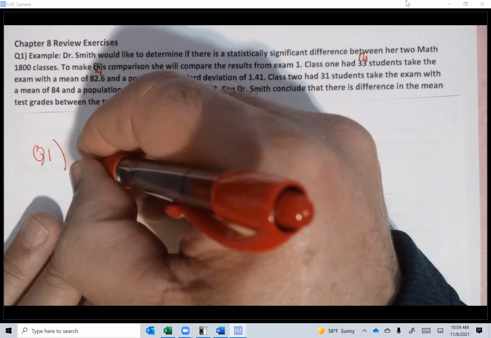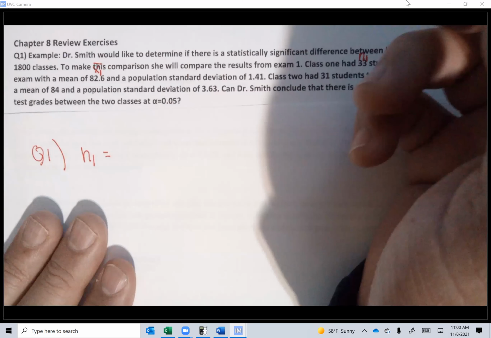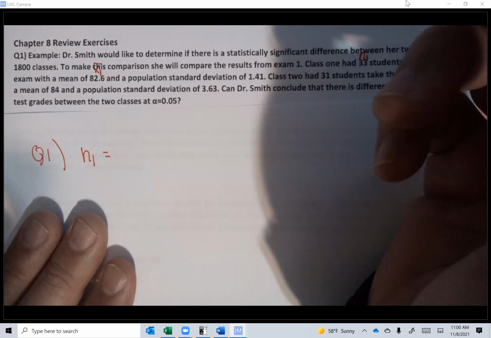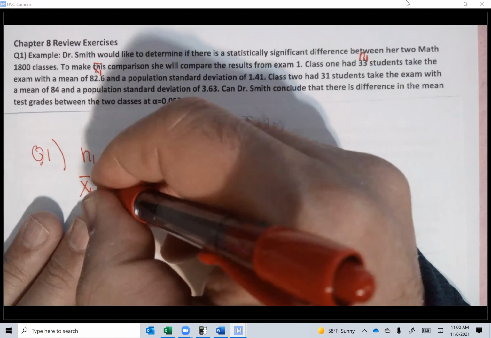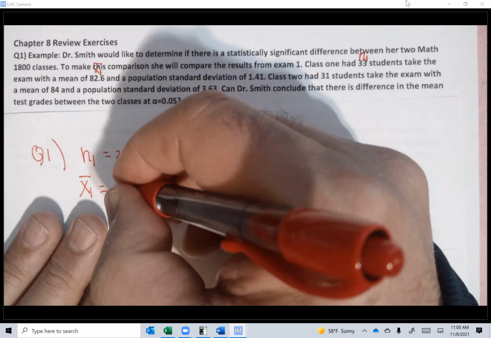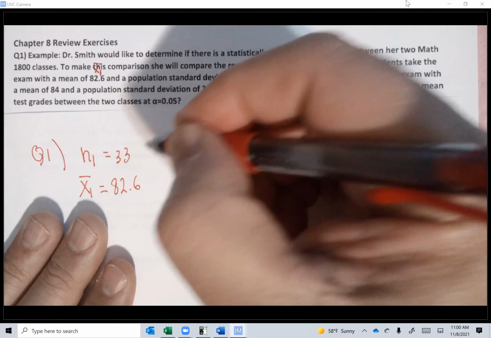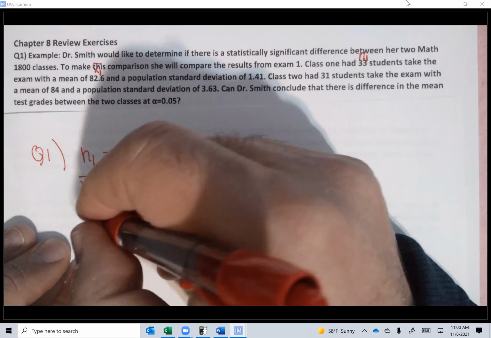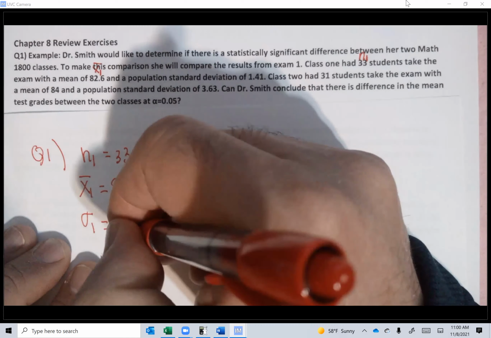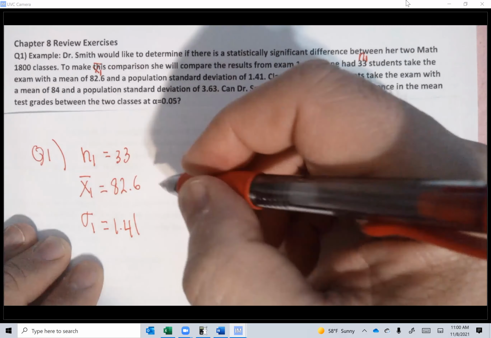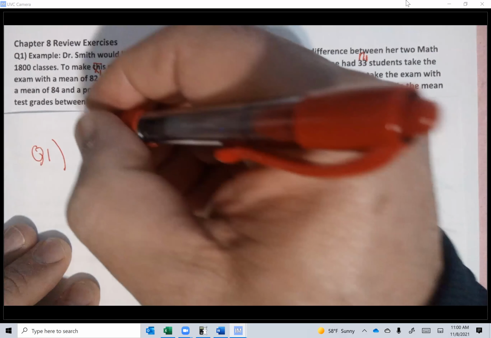N1 is how many? 33 students. X1 bar, you have two sample means, remember guys, 82.6. And population standard deviation, sigma 1. It's called sigma, but because I have two of them, guys, I have to label them as sigma 1 and sigma 2. This is class 1.